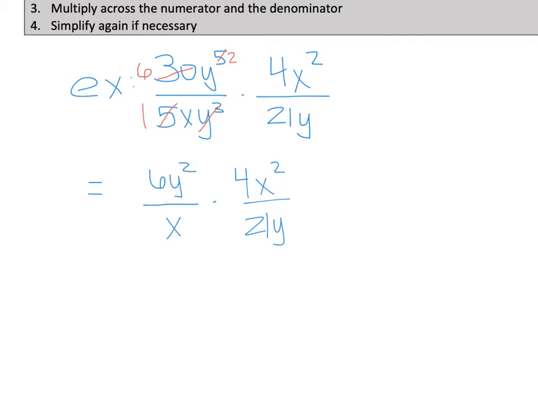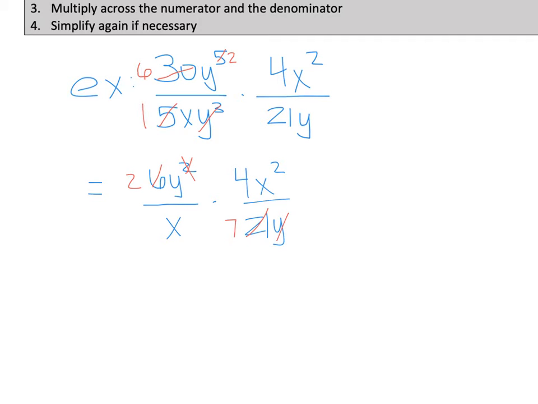If there are common factors in the numerator and denominator across the multiplication sign, we can cancel those as well. So if we look at the 6 and the 21, we see that they both share a factor of 3. So 3 goes into 6 2 times, and 3 goes into 21 7 times. And for the y's, we can cancel one of the y's in the numerator.